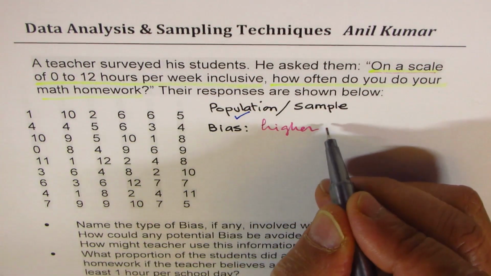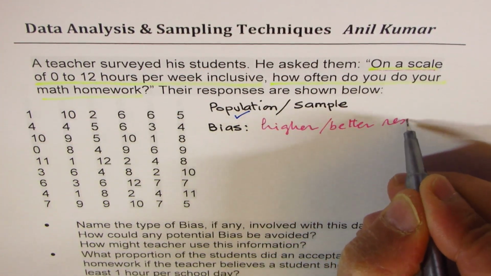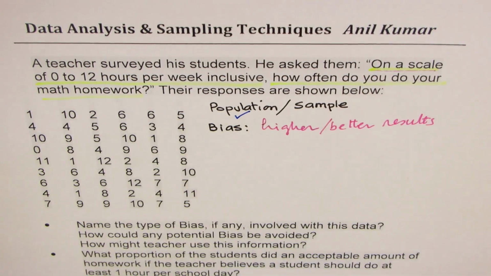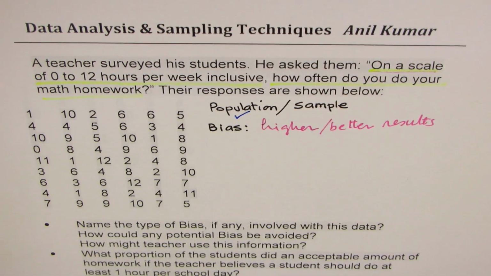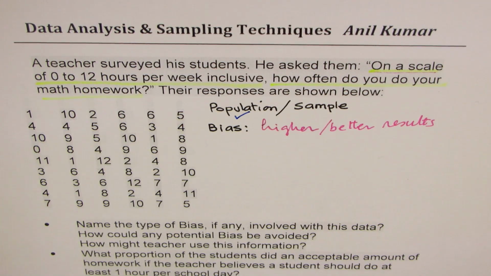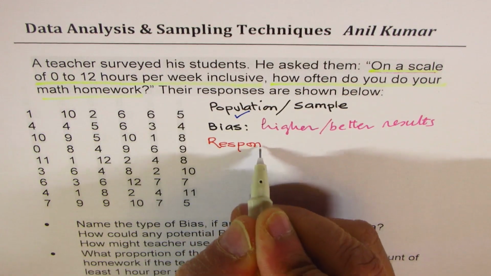So you'll get higher or better results, since you are asking this kind of question. Therefore, what we find here is that we do have a response which is not correct. And the bias here is the response bias, right? So it is called response bias.